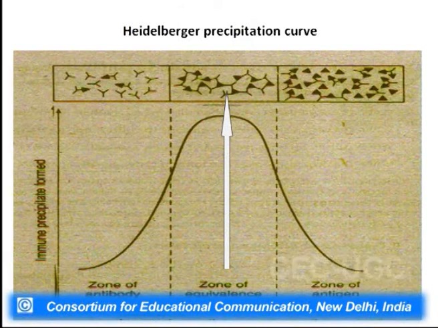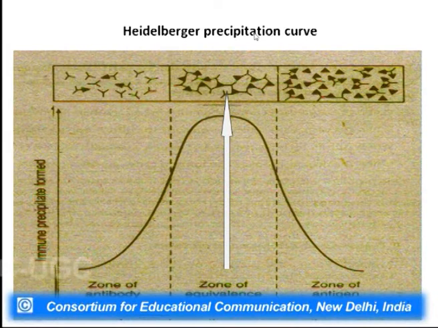And there is a precipitation curve which was given by Heidelberger, and it clearly shows us that it is only at the point where the antigen and the antibody are equal will there be a lattice formation, and on the side where there is excess of antibody, there will be no lattice formation, so there will be no precipitation and nothing which can be visualized.